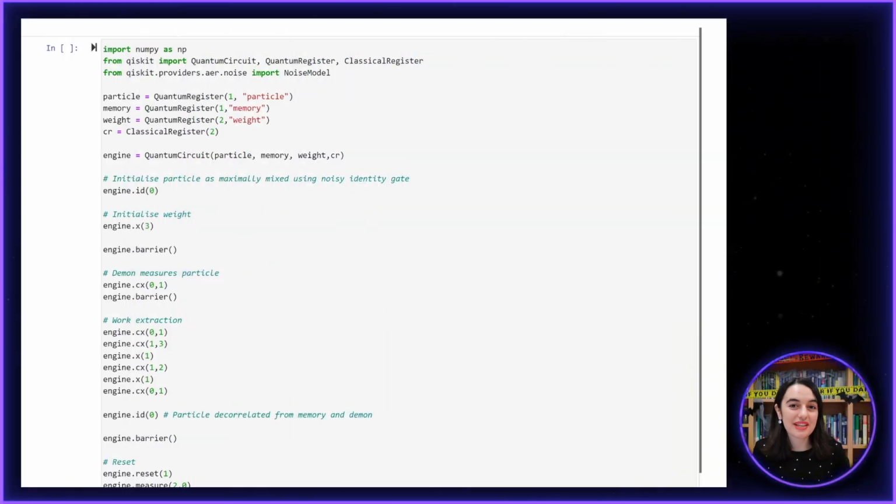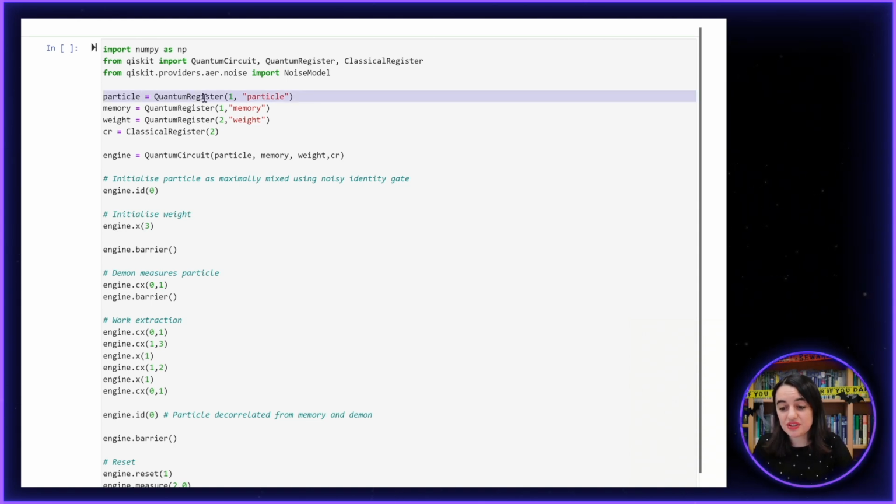So how can we represent these different parts of the Szilard engine cycle using a quantum circuit? I'm going to do this by representing the particle, memory, and weight using qubits. So the particle starts off randomly moving in the box.